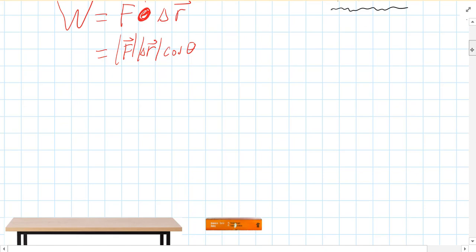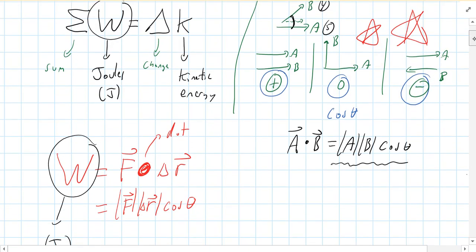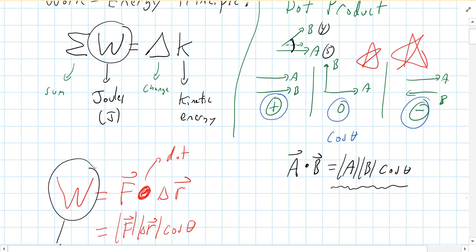Okay, all right. Now, the units for work, as I mentioned before, are measured in joules, just like kinetic energy is. And the key here is, let's say multiple forces are acting on an object. Well, then you're going to have multiple work terms, and if you add up all those work terms, that becomes your net work in the work energy principle.